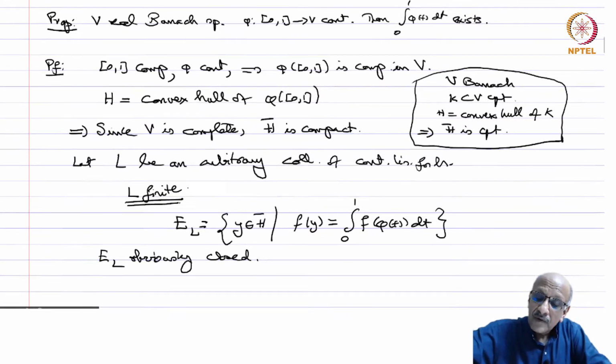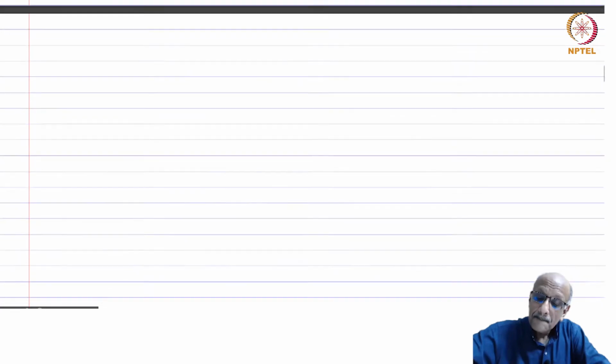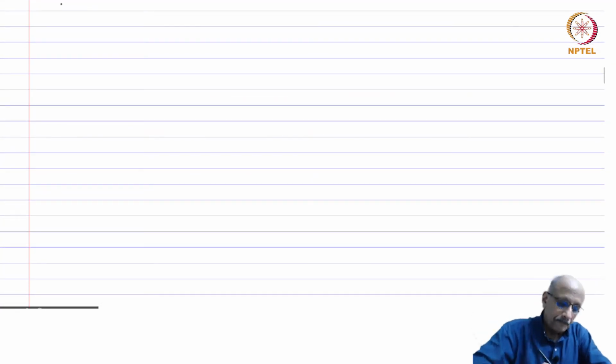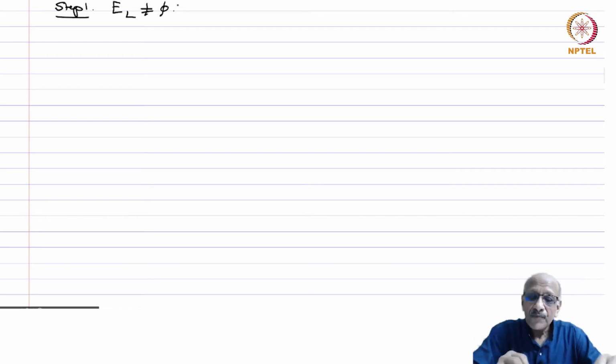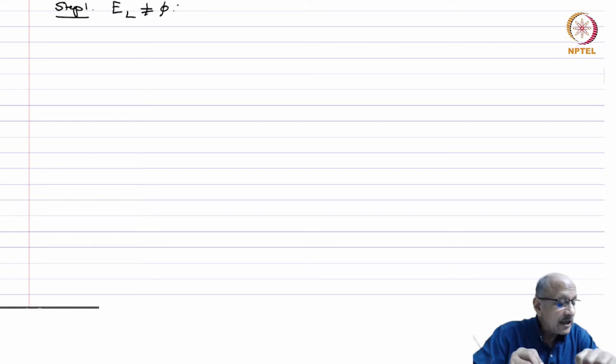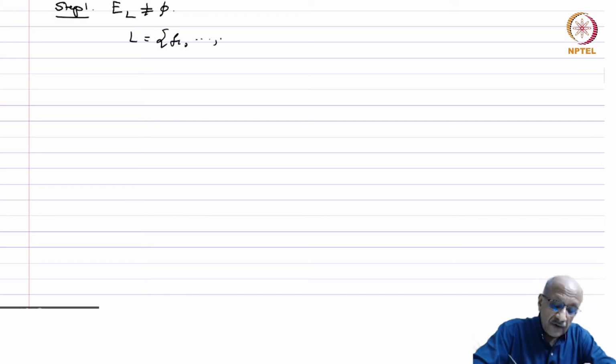So first step, E of L is not empty. So we are going to show that this is never an empty set. So given any finite collection, you can always find a common vector such that equality holds. So let us take L equals f_1 to f_k.